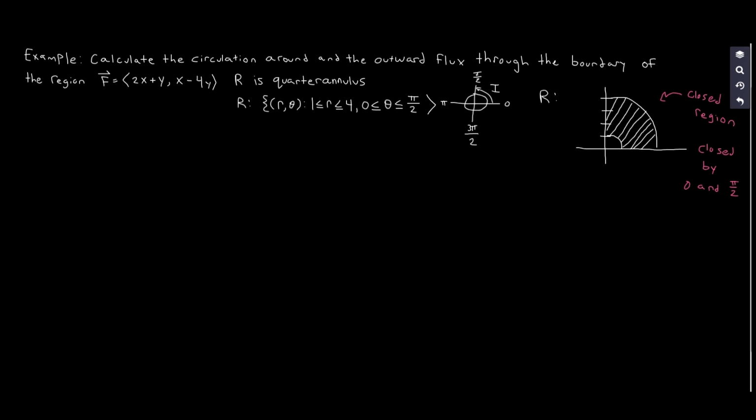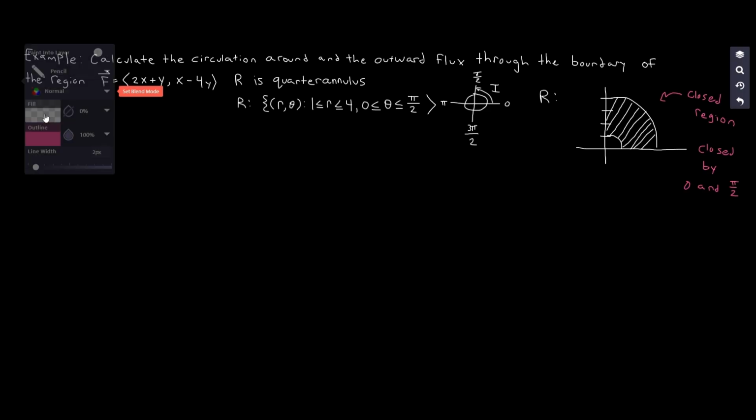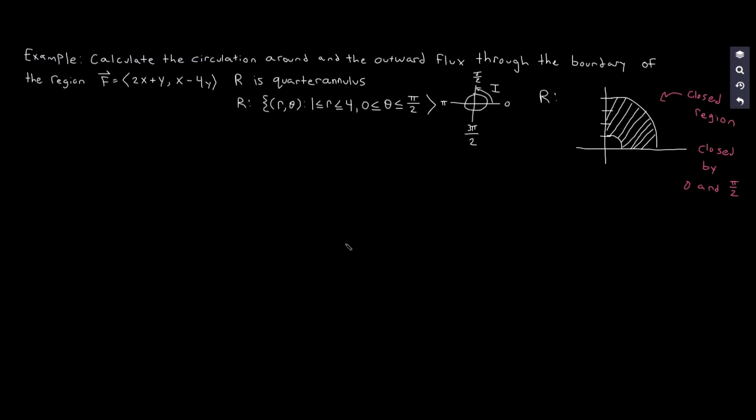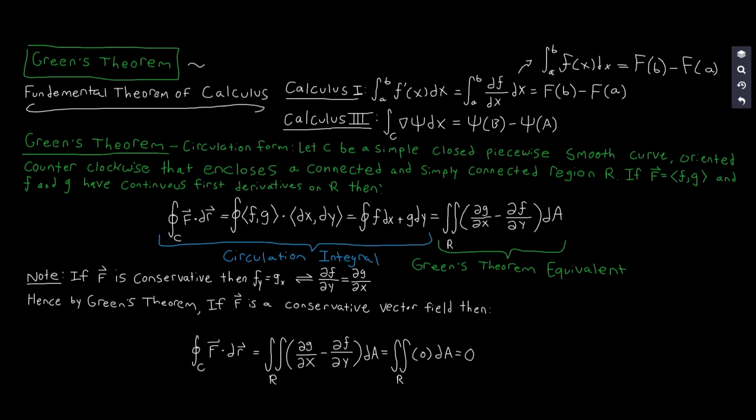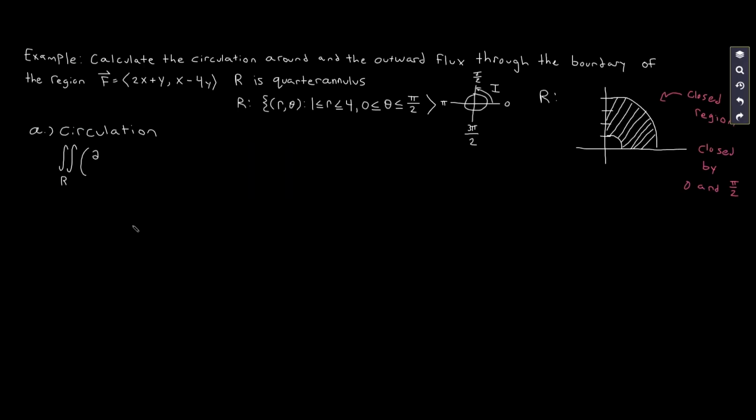So we can see the region that's described, and we need to find, well, what's the circulation? Green's theorem in circulation form. Here's Green's theorem in circulation form, so we are going to grab that.